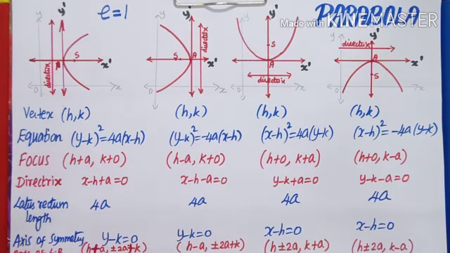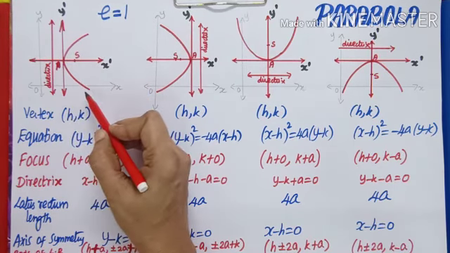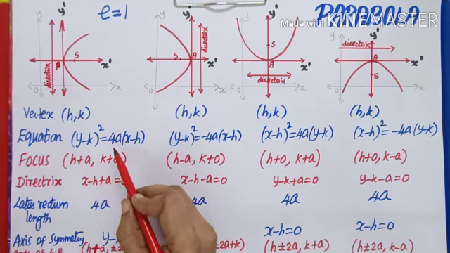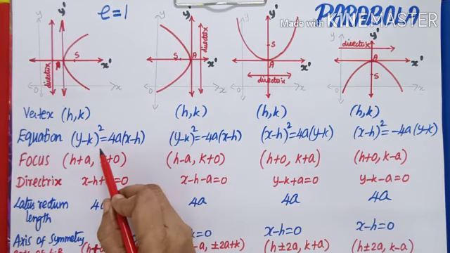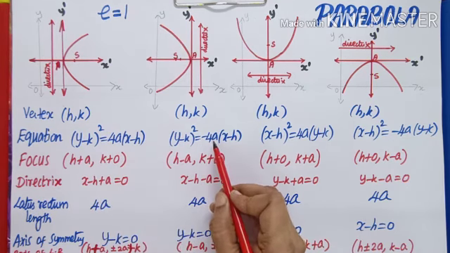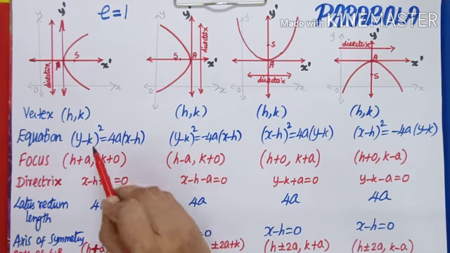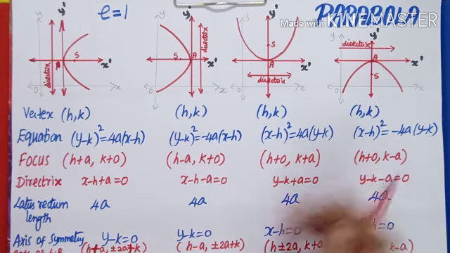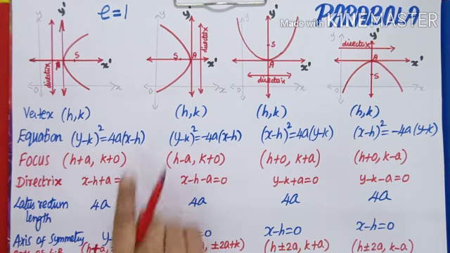How to write the equation? For the curve that opens right, we have y minus k the whole square equals 4a into x minus h. The same is here but with a negative symbol. The same is here but x and y are interchanged. X minus h goes to the left, y minus k comes to the right.